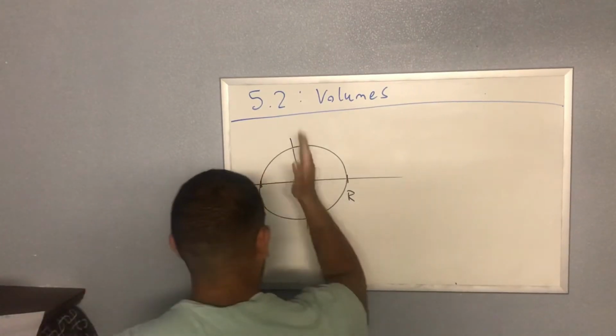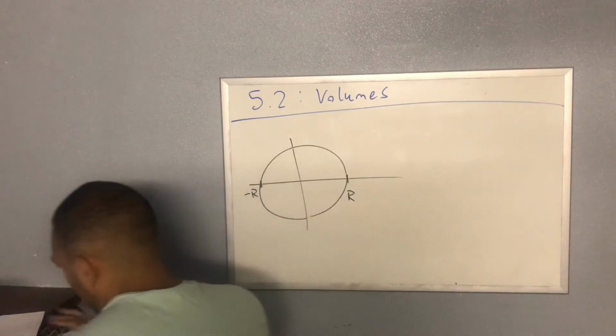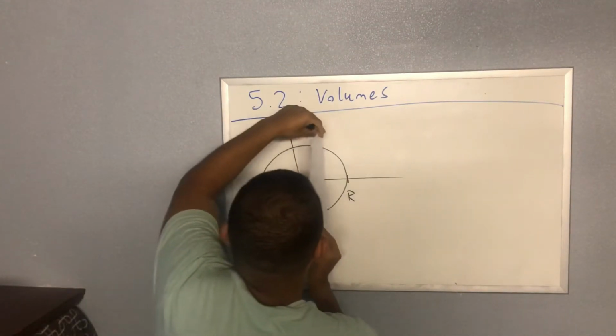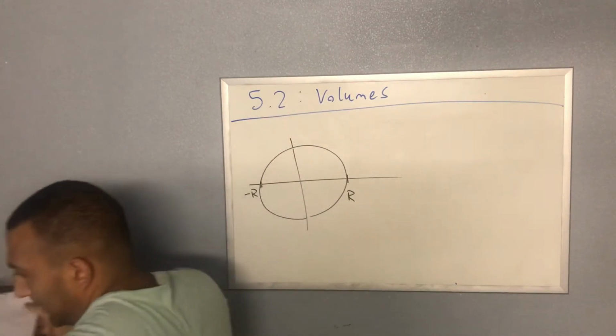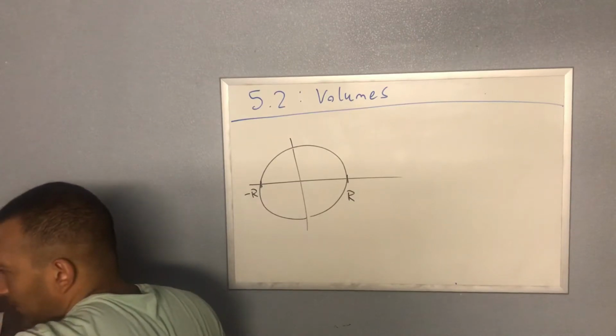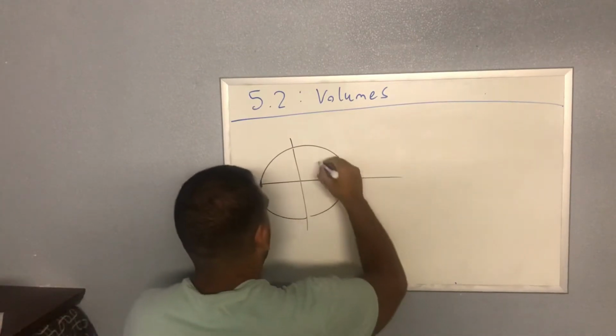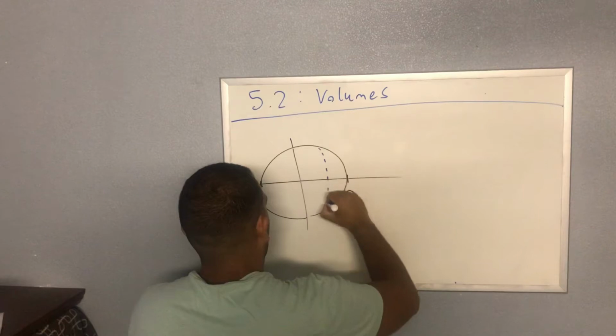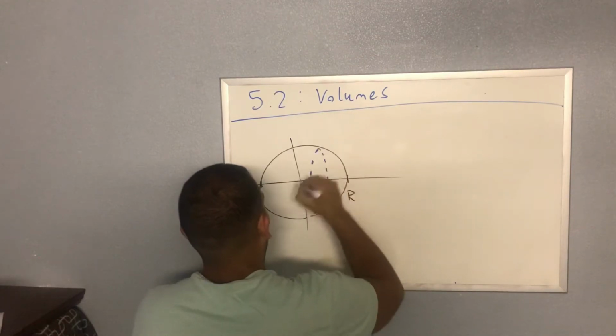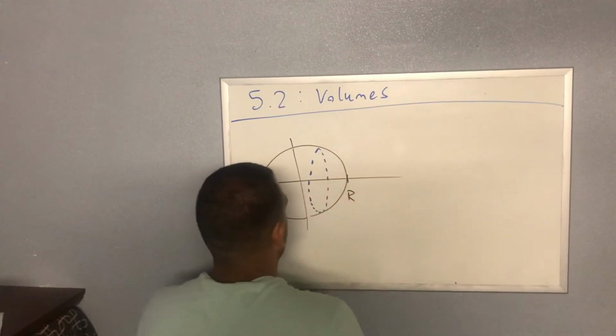Okay, and then like we said, if we cut into the sphere like this, the cross sections that we get are like circles. We get different cross sections.